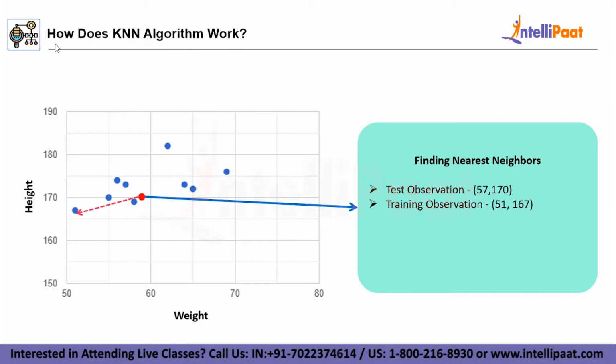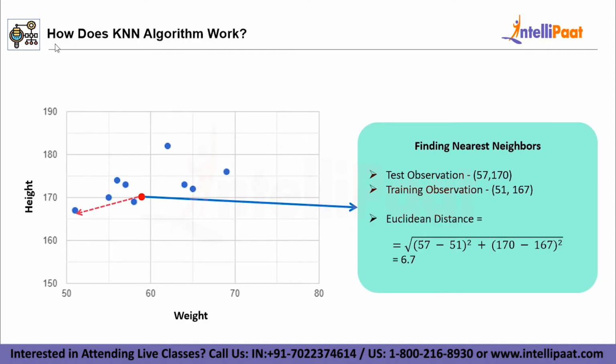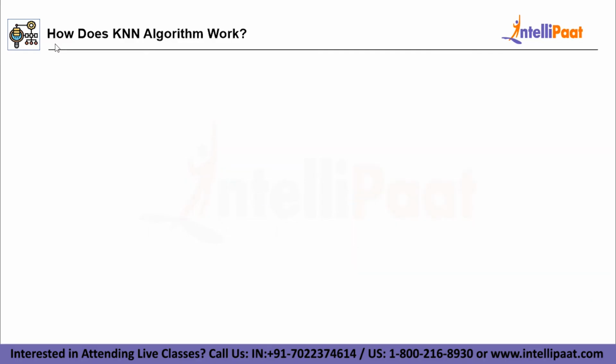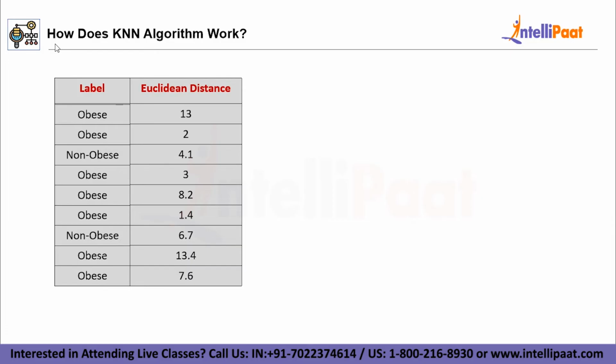Now, if I put these values in the Euclidean equation, then I'll get the resultant distance value as 6.7. Similarly, we have already computed the other Euclidean distance values for all other points in our training sample. You can verify them by putting previous values in the equation, but we are not going to do that to save some time, alright?